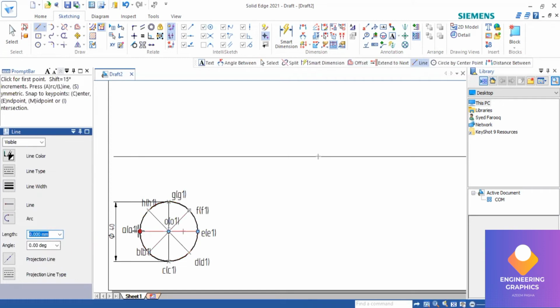So drawing the projection lines to draw the front view. So here in this problem they have not given a height distance. So randomly we will take the height.